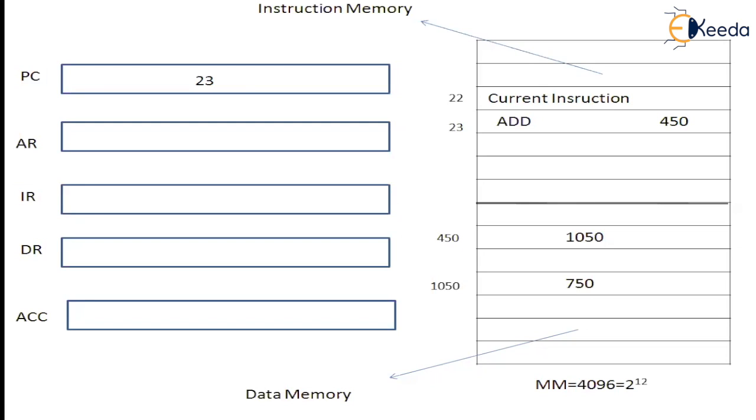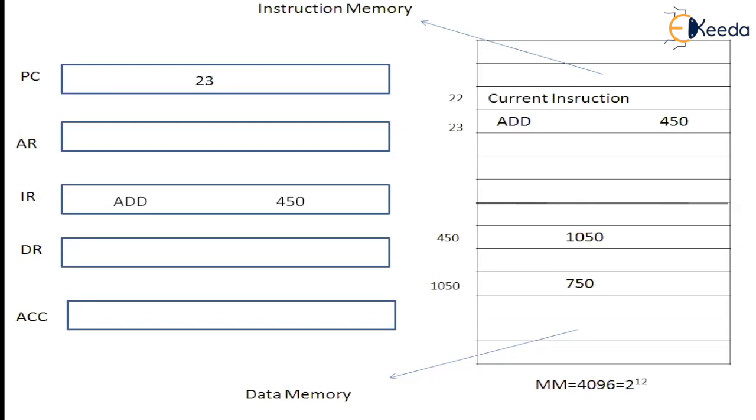The moment the address register is loaded with an address, immediately this address will be located in the main memory, and the contents of that will get transferred to the instruction register. Because the located content is an instruction, right? Under the located address, the data which is available is nothing but an instruction.